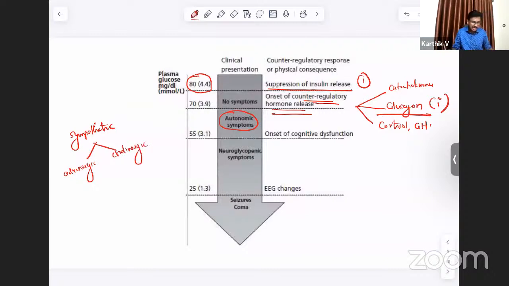Both sympathetic adrenergic and cholinergic activity will be increased, thereby the patient will start experiencing the autonomic symptoms of hypoglycemia. Below 50 to 55 milligram per deciliter, the patient will have neuroglycopenic symptoms. The brain will start getting deprived of glucose and the patient will have neurological symptoms. This is the sequence of events as the patient's blood glucose falls.